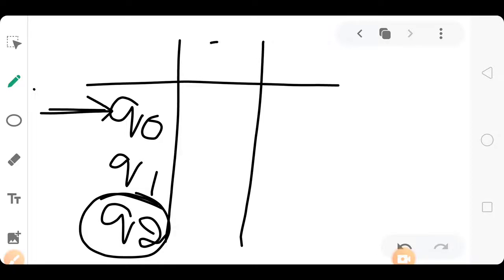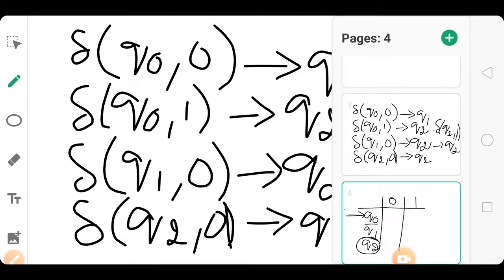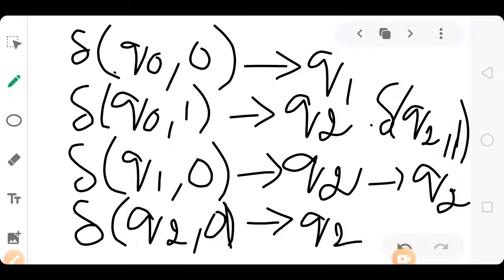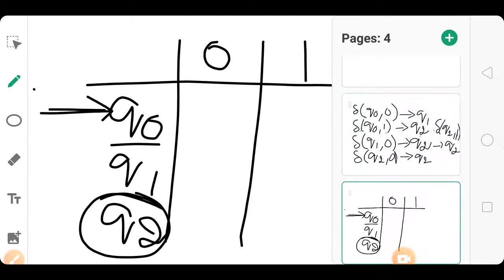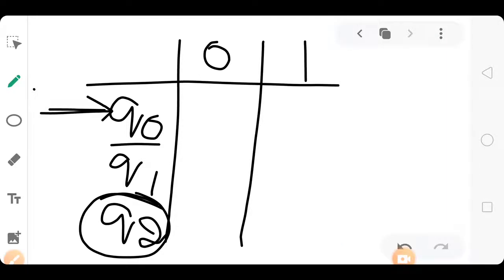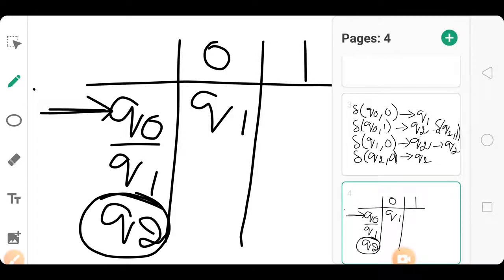The input alphabets are 0 and 1. Based upon the transition functions, Q0 on 0 is moving to Q1, and Q0 on 1 is going to Q2.